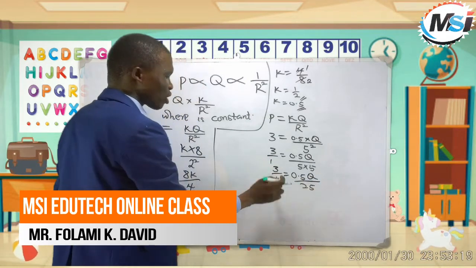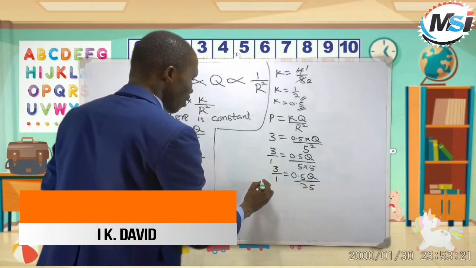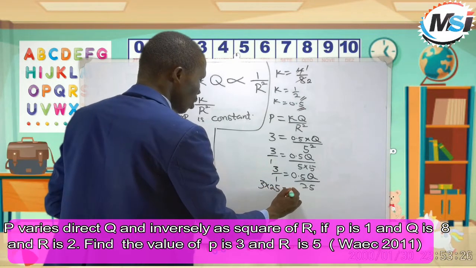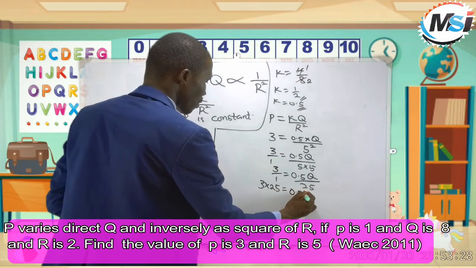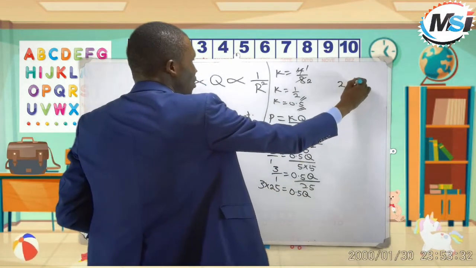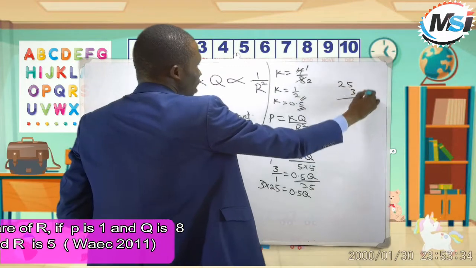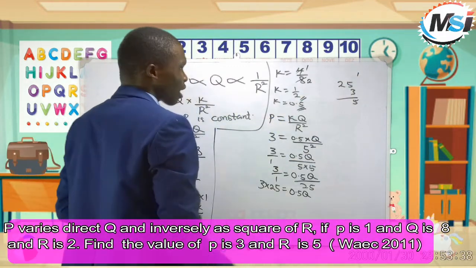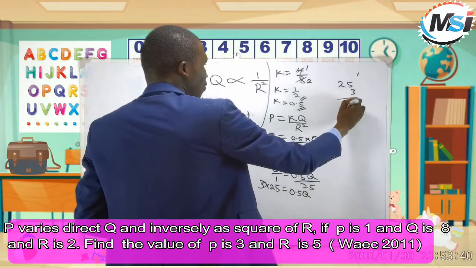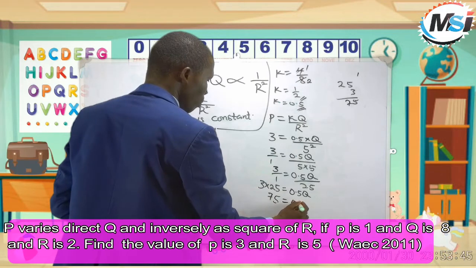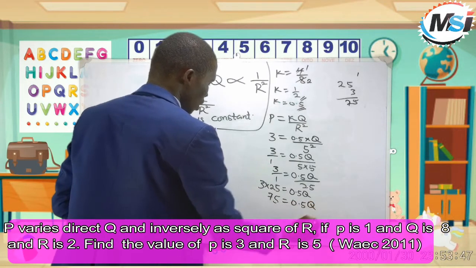You multiply both sides, you are going to have 3 multiplied by 25 equals 0.5Q. So let's multiply 25 times 3: 3 times 5 is 15, 5 carry 1, 3 times 2 is 6, plus 1 is 7. So this will give us 75 equals 0.5Q.